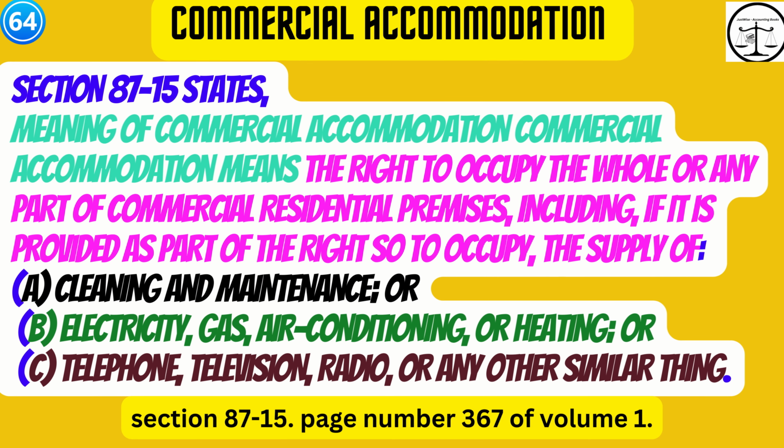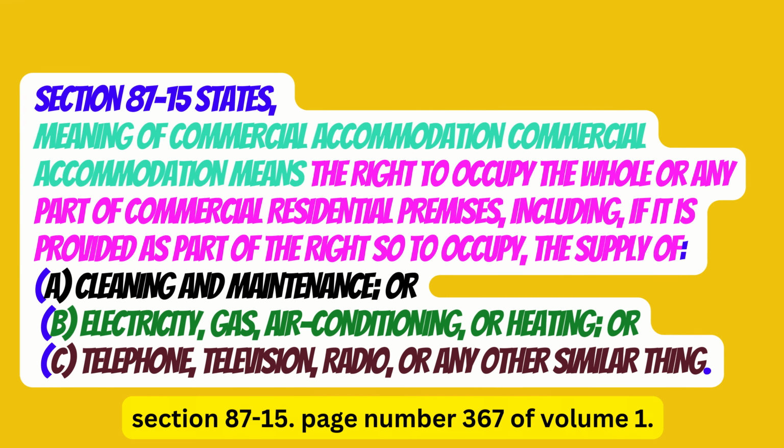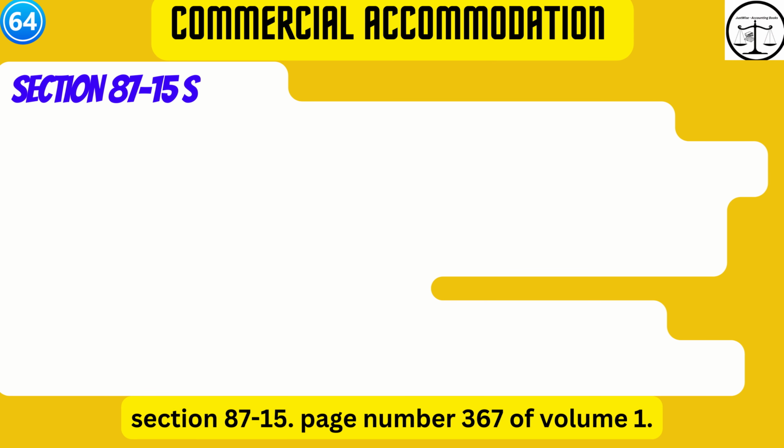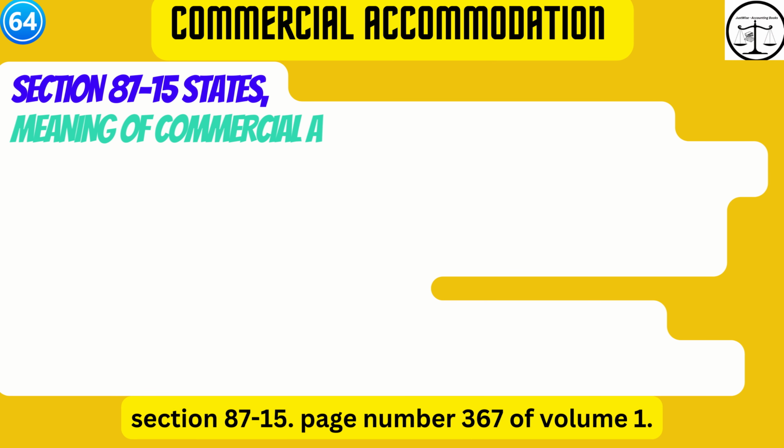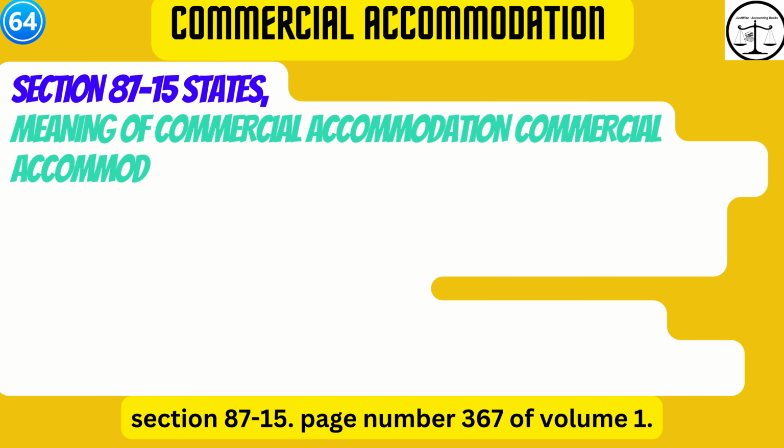Word number 64. Commercial accommodation has the meaning given by Section 87-15. You can find this section on page number 367 of Volume 1. Section 87-15 states, meaning of commercial accommodation.